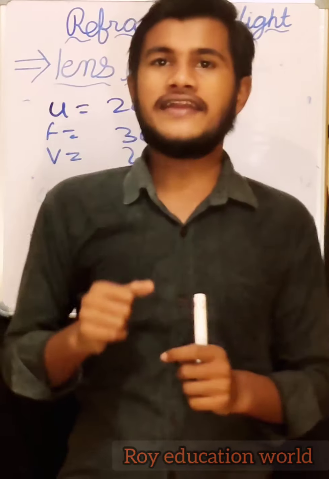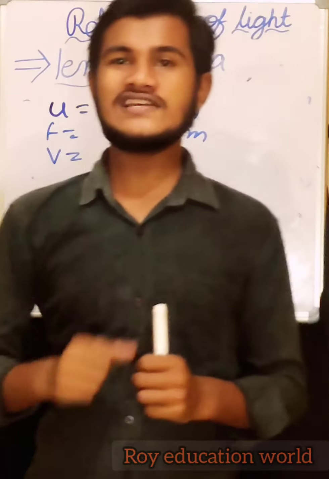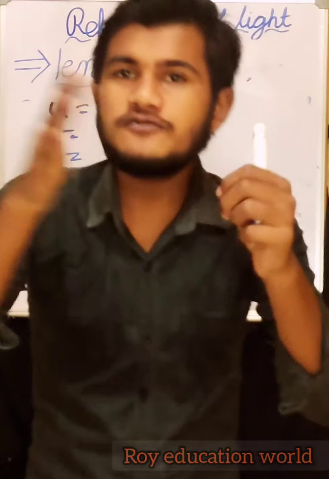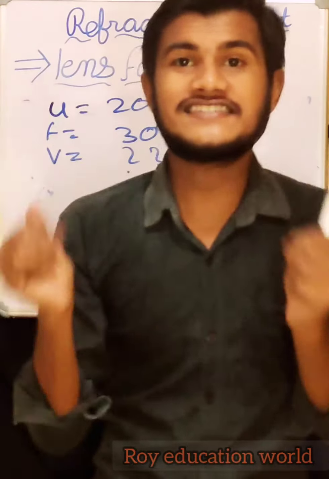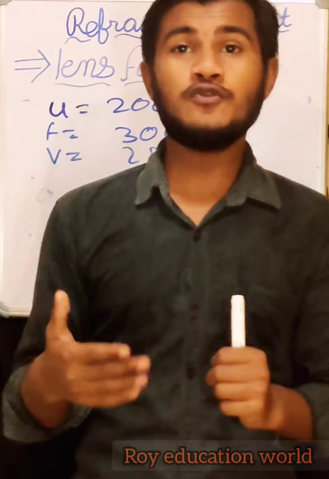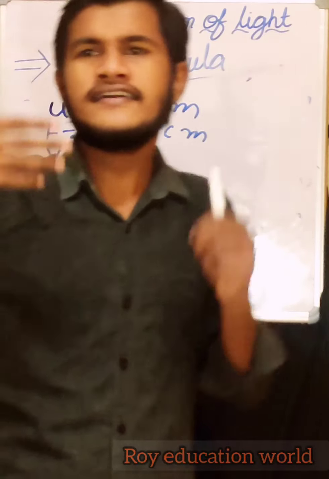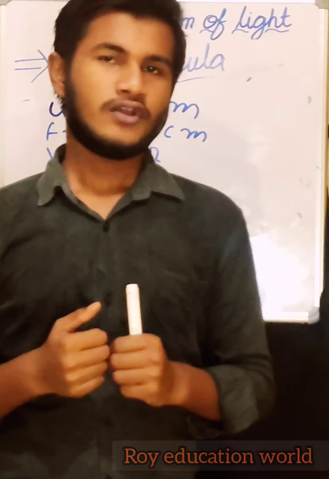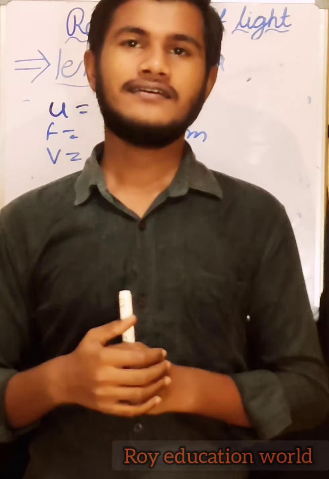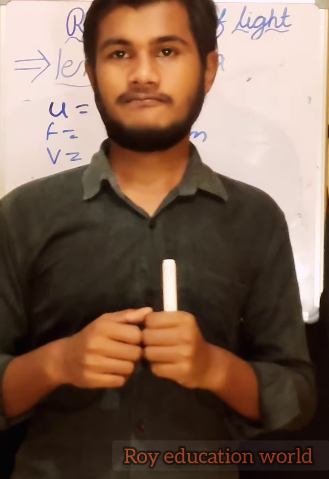We have to find the v. To solve a calculation in physics, first we have to know what is given in the question, and second we have to write what is given, and then we definitely get what we have to find. We have to only put it in the formula.